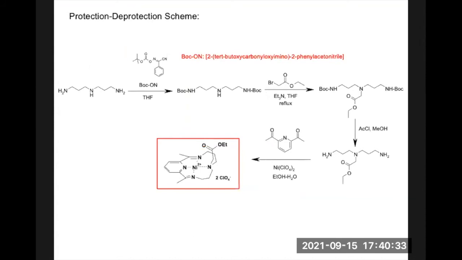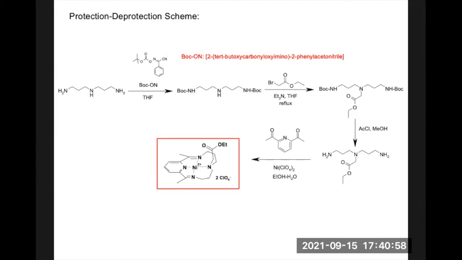To do that, I used BOC-ON as the protecting group so that a reaction with ethyl bromoacetate will lead to the alkylation at the middle nitrogen. After deprotection, the N-alkylated compound was reacted with diacetylpyridine in the usual manner.